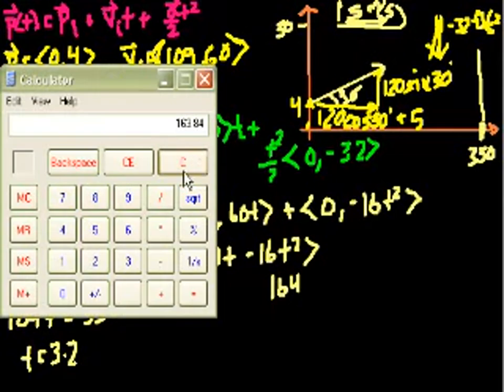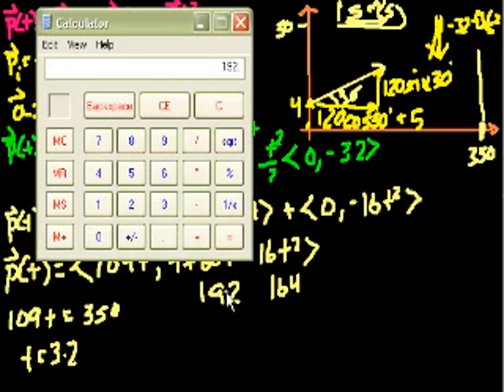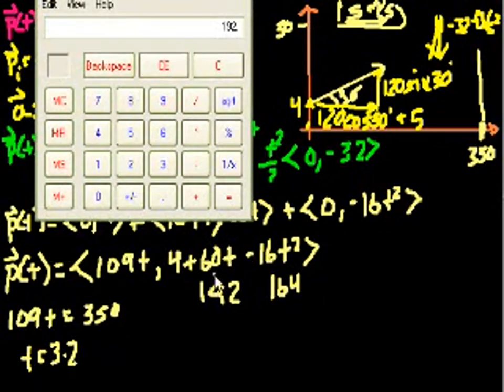And then what's 60 times 3.2? 60 times 3.2 is equal to 192. So what do we get? We have 192 plus 4 minus 164, right? 164 is equal to 32.